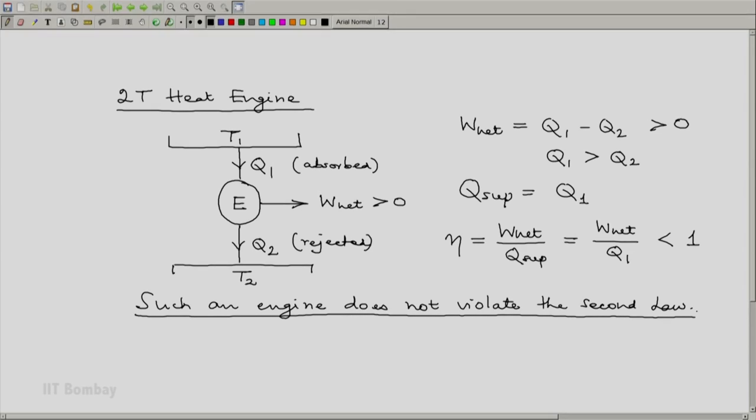And that means we can set up and design and operate such an engine. And indeed, in the real world, we have never come across a 1T heat engine or even a 2T heat engine which absorbs heat from either just one reservoir or more than one reservoir, does not reject any heat, and all heat it absorbs converts into work.